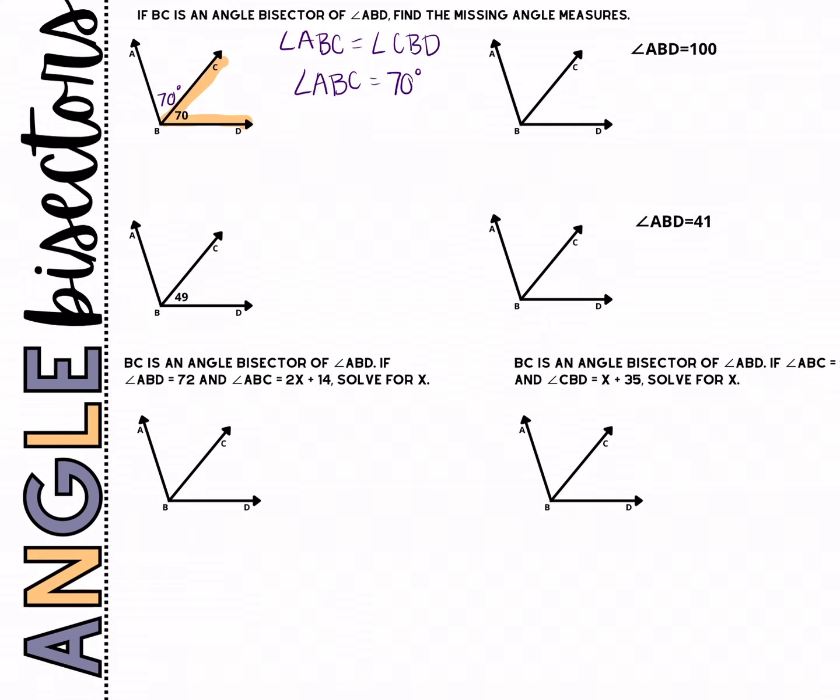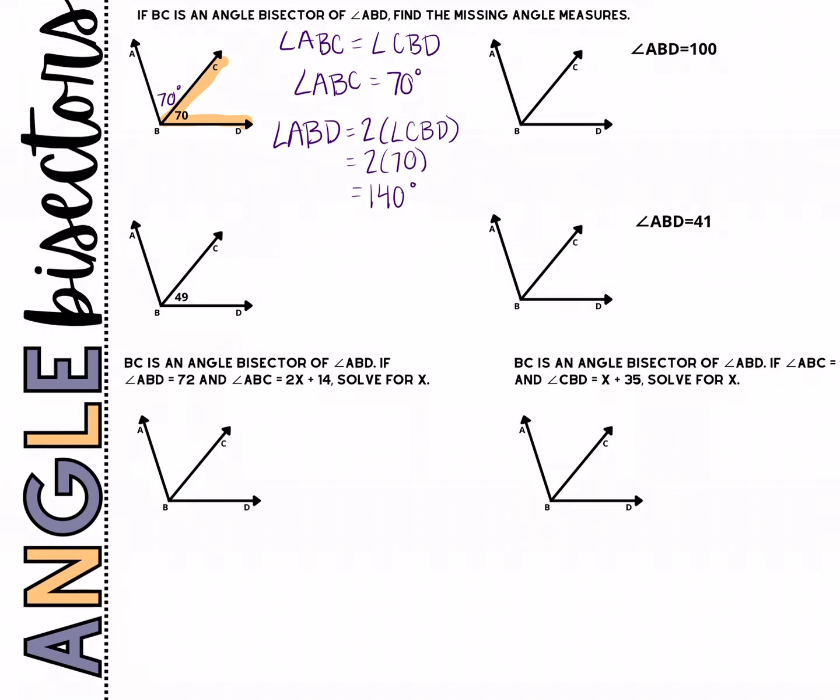Then angle ABD is 2 of angle CBD, so 2 times 70 is 140 degrees. The halves are 70 degrees, and the whole thing is 140 degrees because 2 halves make a whole.